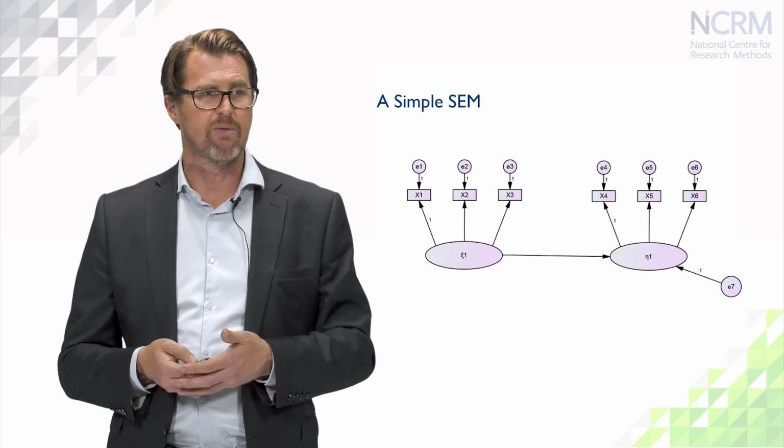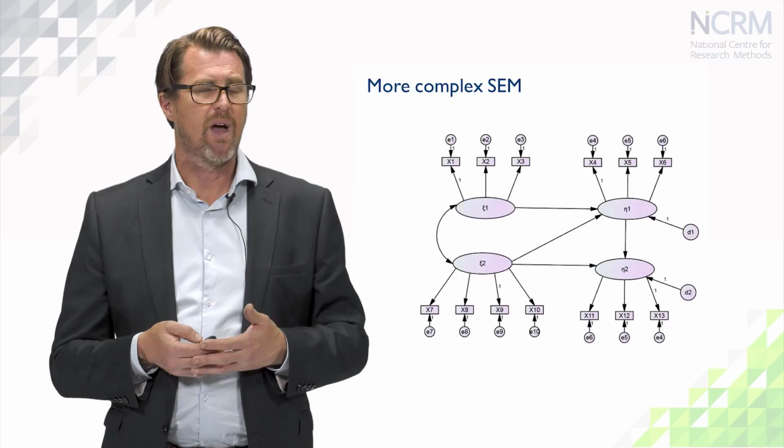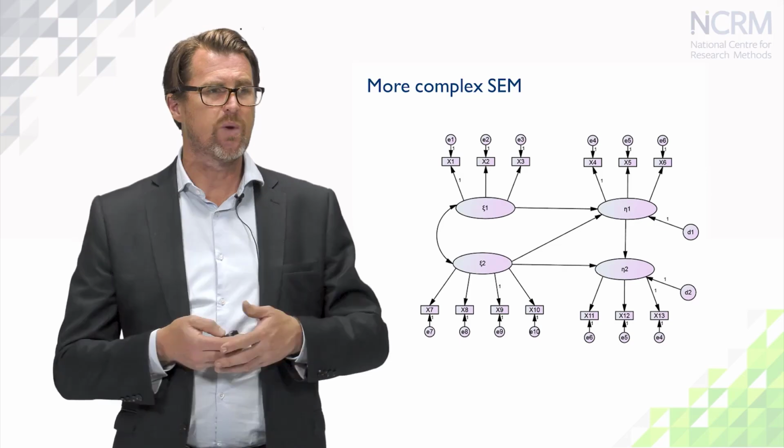Now we can make this system of structural equations more complex. We've done that by adding in two more latent variables, and we now have a covariance between the two exogenous variables.